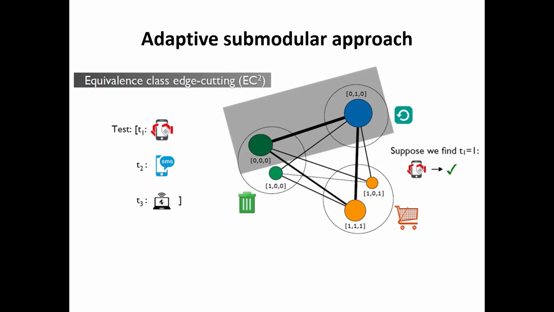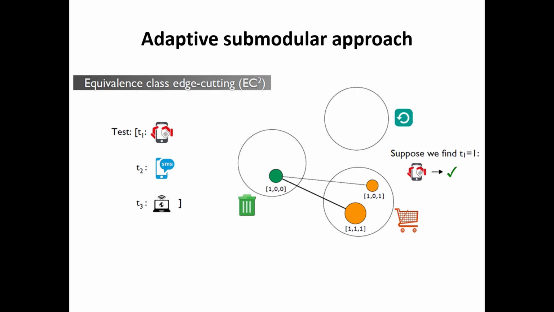For example, in this picture, we see that the hypotheses highlighted by gray are inconsistent with the outcome of T1. So they have to be eliminated. And if we eliminate them, we also eliminate or cut the edge weights which are involved with these hypotheses.